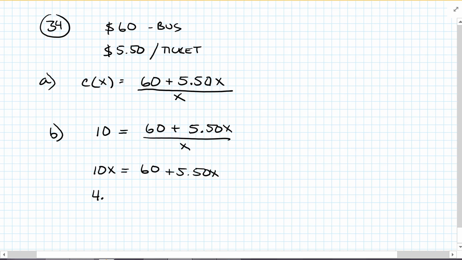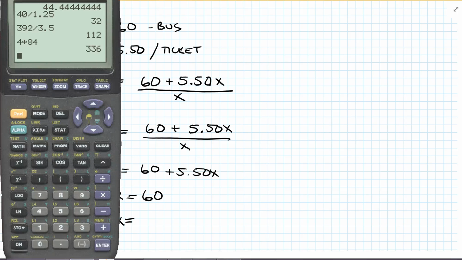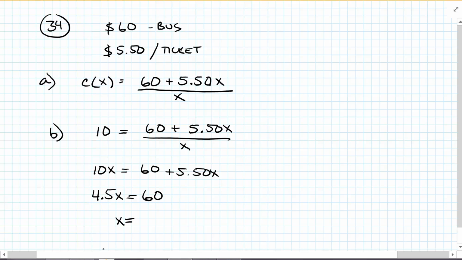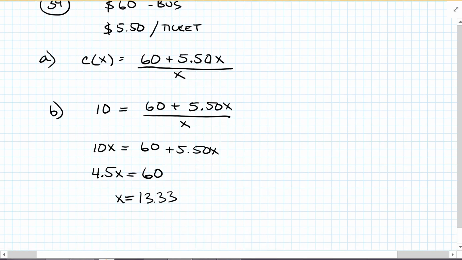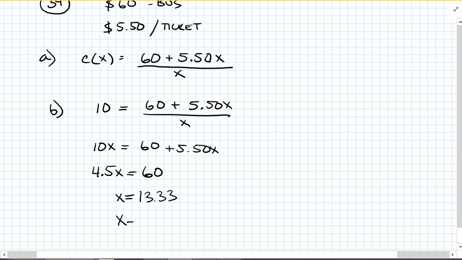So I'm going to get 4.5x equals 60. So x is going to equal 60 divided by 4.5, which is 13.33. Well, we're talking about people here, so we need to have at least 14 people show up. All right.